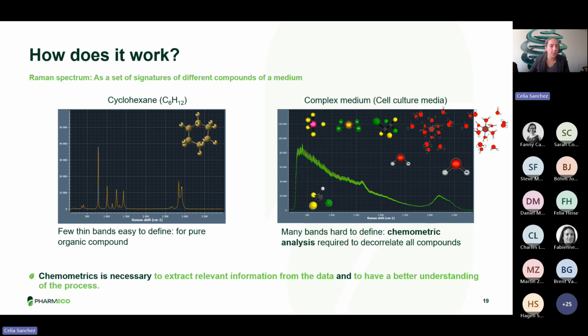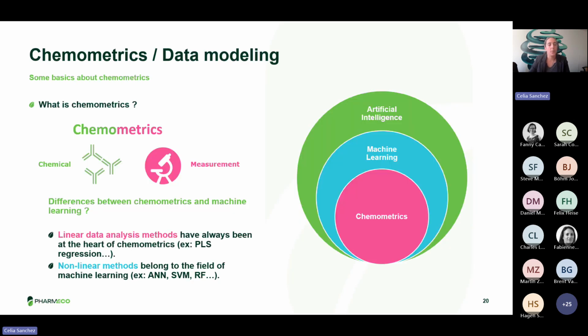We do need chemometrics to extract the relevant information so that we can understand our process. Now, what is chemometrics? In two words, chemo for chemicals and metrics for measurement: how to measure the chemicals.